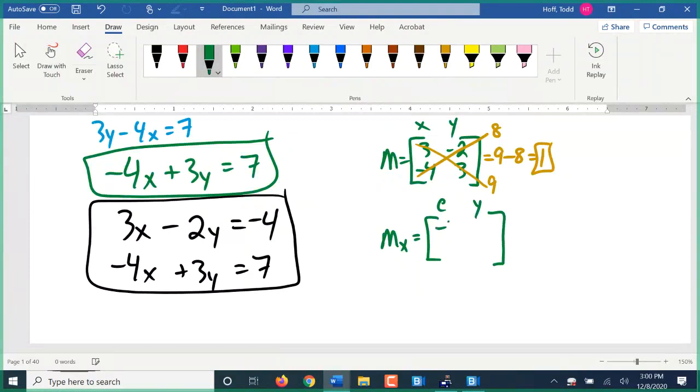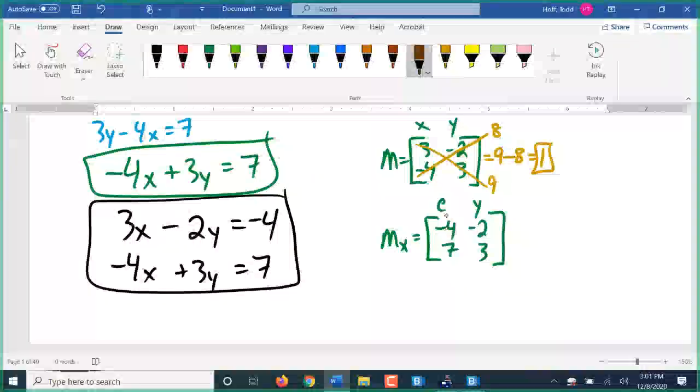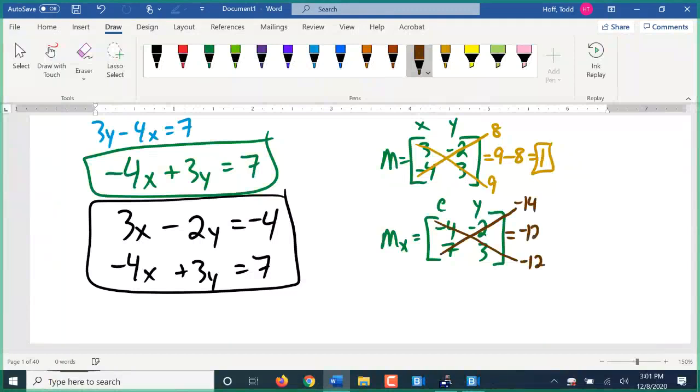So our constants are negative 4 and 7. Y is negative 2 and 3. We do our diagonal. Negative 4 times 3 is a negative 12. 7 times negative 2 is a negative 14. Negative 12 minus a negative 14 is a positive 2. That's the determinant of our x matrix.